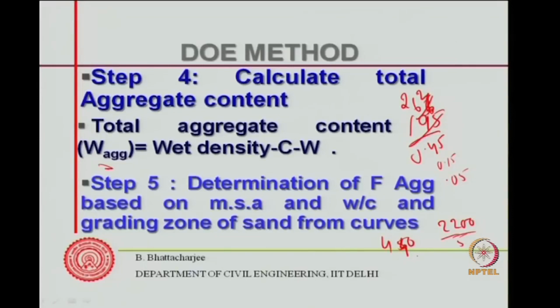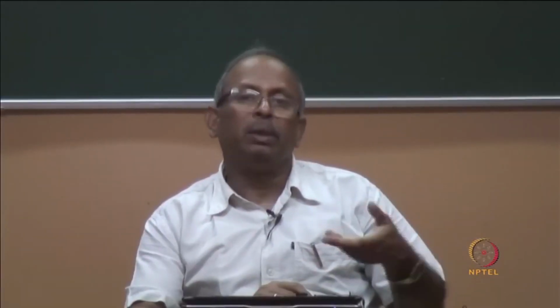So 440 will be the amount of cement you require in this particular case, because 195 divided by 0.45. But if you use plasticizer, you can reduce this 195 by 25%, and the cement consumption will also go down. So that's how we find out.